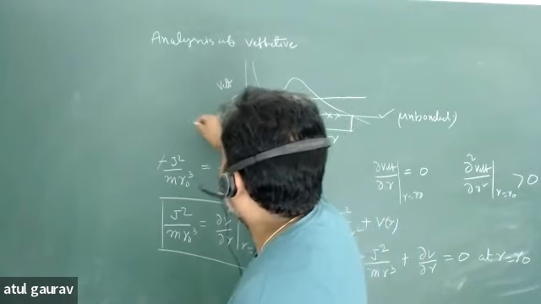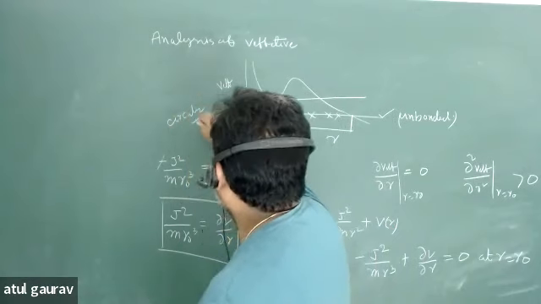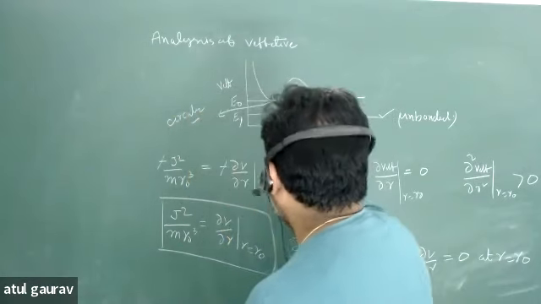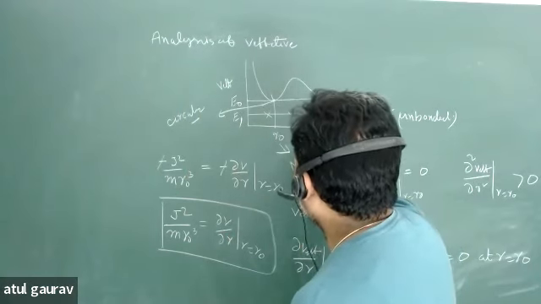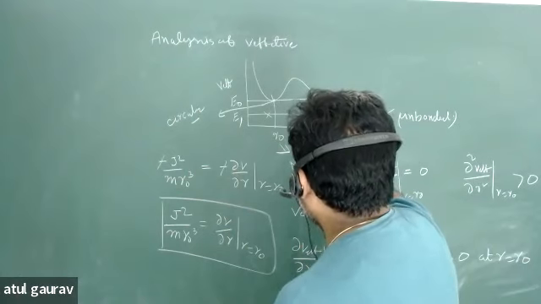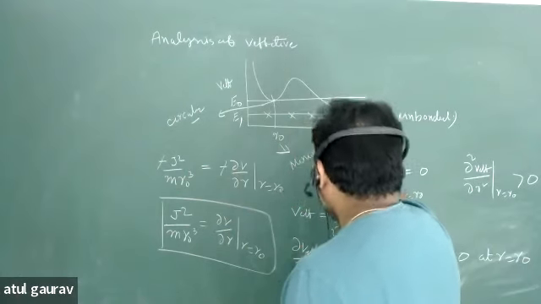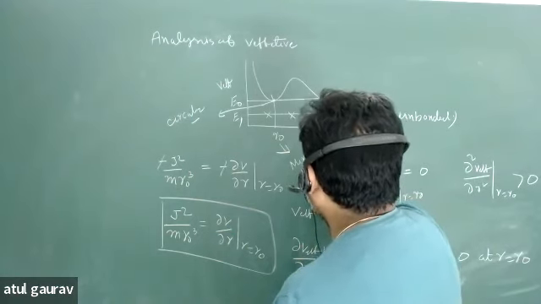Circular in nature. This R naught is the minima of V effective, or the radius of the circle.